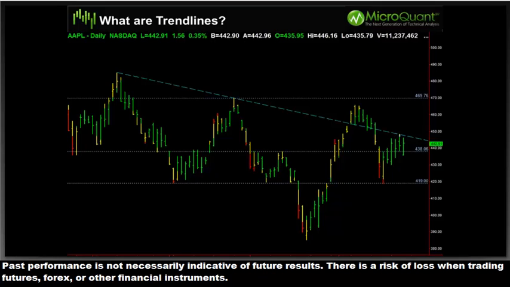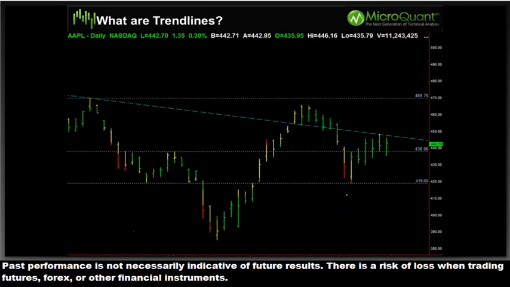It's almost like a self-fulfilling prophecy: if we believe there's resistance there, we're going to trade like resistance is there. Therefore, resistance will be there because everybody's trading it like it is. More on that later, but that's one additional point I wanted to make.